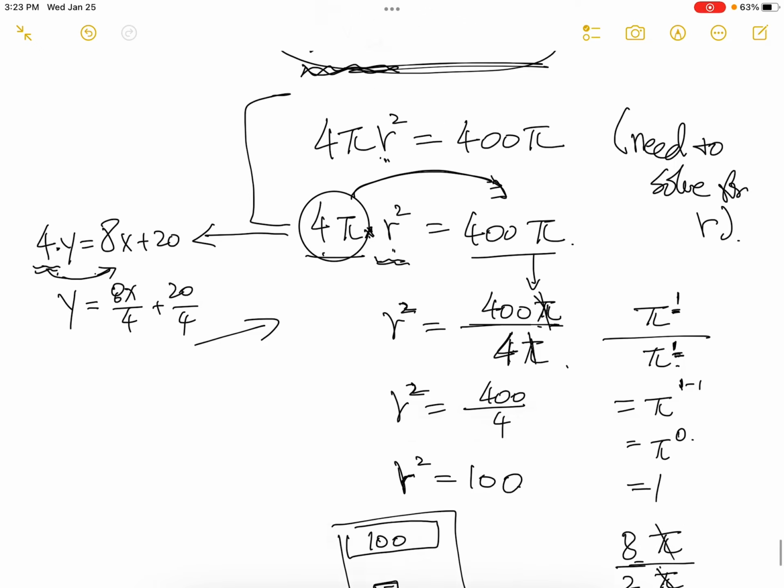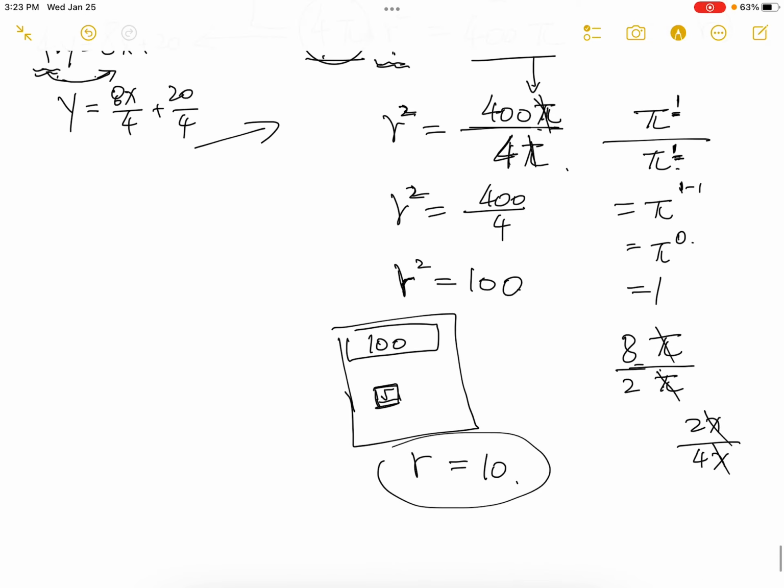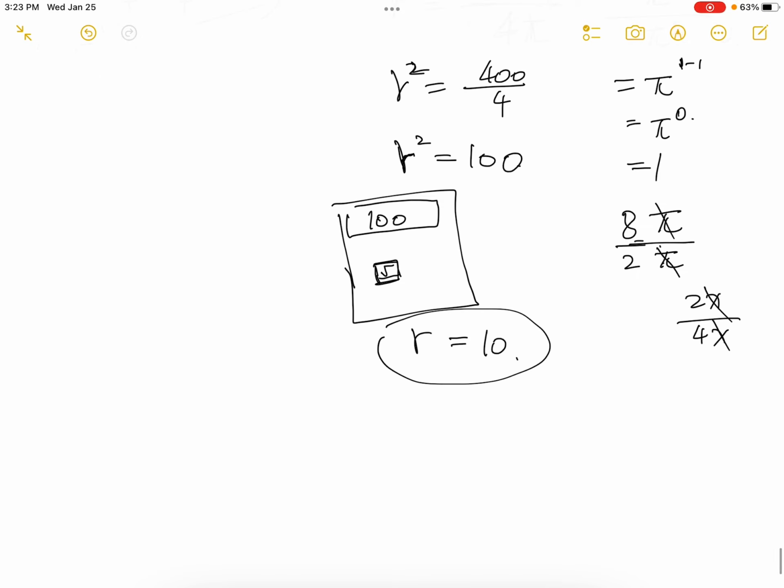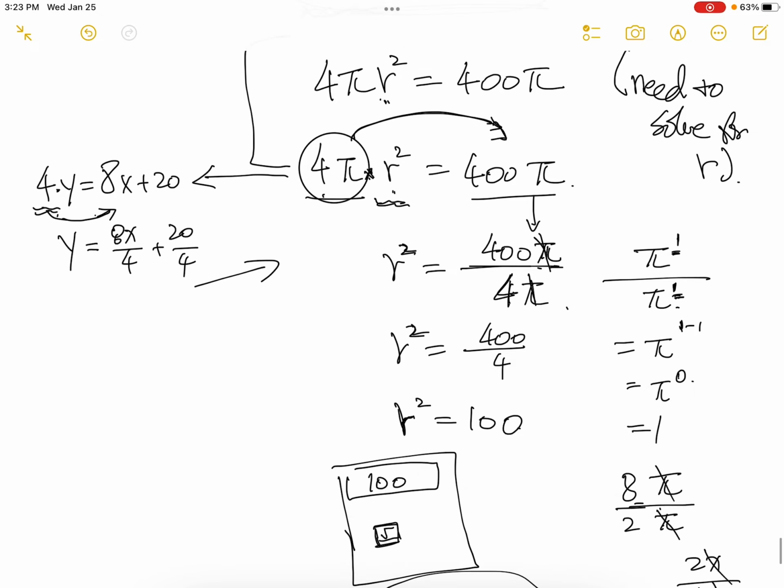And once we have the r, remember we still have to solve for the volume. So now we go back to the original question, simply plug the r into here, and then we can solve for the volume. Okay, so that's the general procedure for geometric questions.